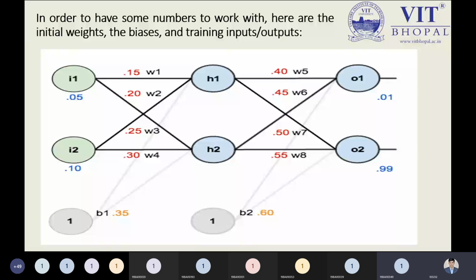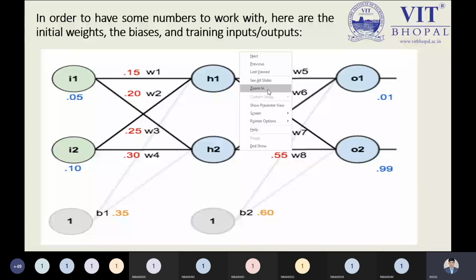Summation of x into w, sir. There is only a simple formula. What is the formula? Sir, summation of xi wi. Yeah, okay. So we need to calculate its input value.